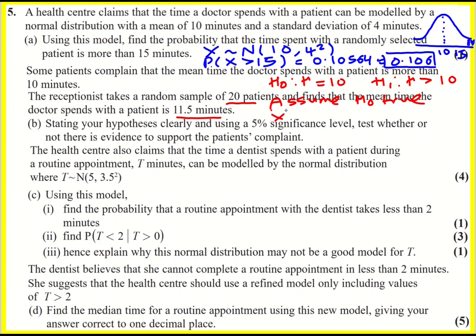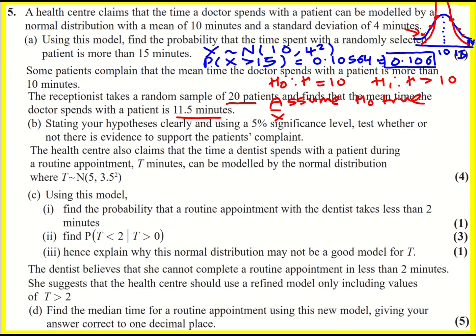But what we want to find out is something called the sampling distribution. Because remember, we're actually taking 20 patients, finding their time, and then finding the mean time. This gives rise to a slightly different normal distribution, because we're getting loads of points on a normal distribution and then averaging them out to a single value. That is not going to give us the same distribution. It's still going to be centered at 10, but now the spread is going to be much less, because you're not going to get many points towards the outer ends if you're taking 20 values and averaging.